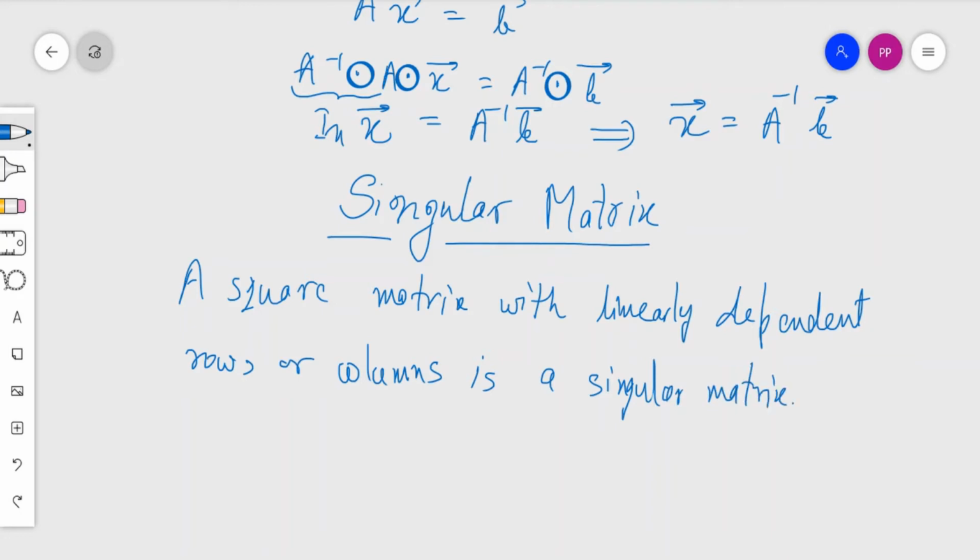So I tell you in simple words, if the determinant of a matrix is 0, then it is singular. So let us go further.